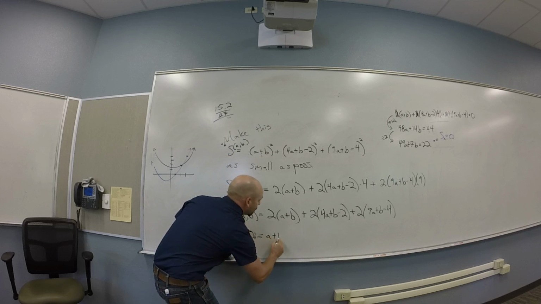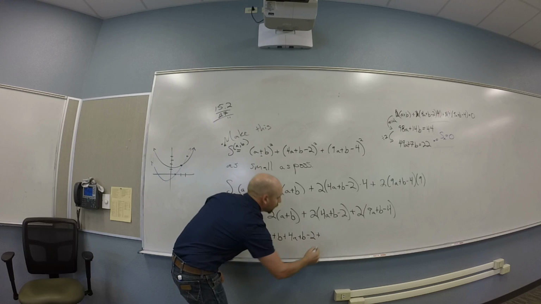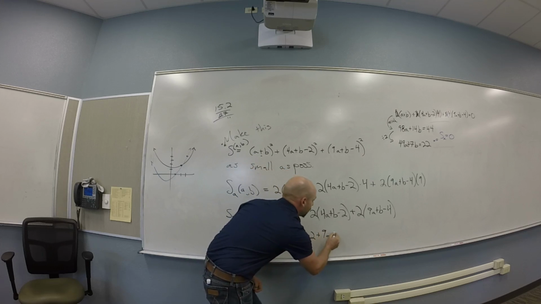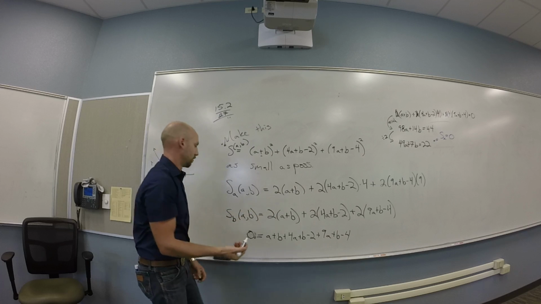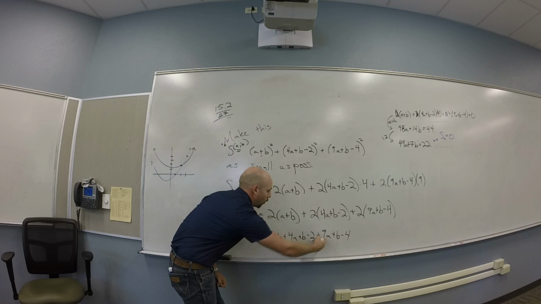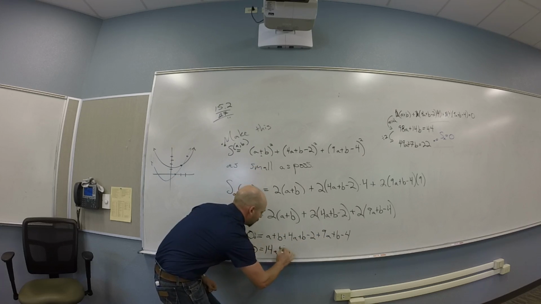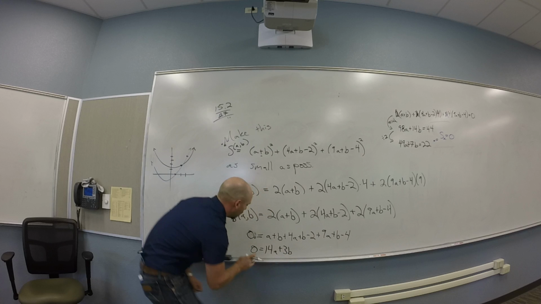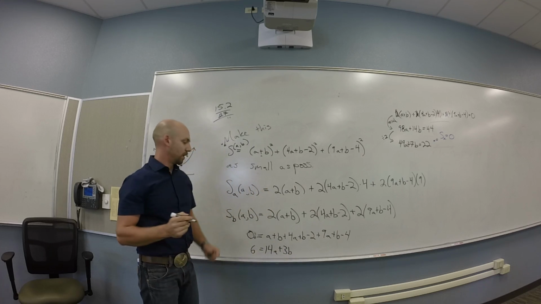You got (A plus B) plus (4A plus B minus 2) plus (9A plus B minus 4). I dropped all the 2's, right? So I got 14A plus 3B minus 6. Oh, good, and we'll just put the 6 on the other side.